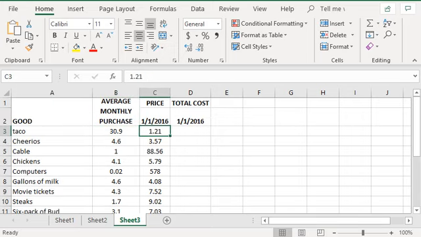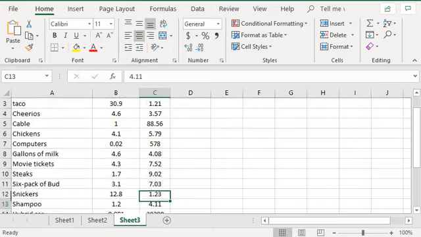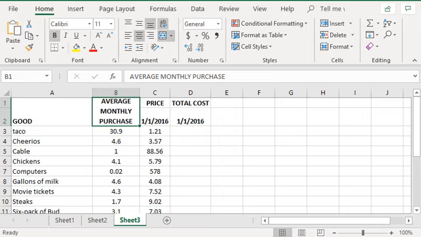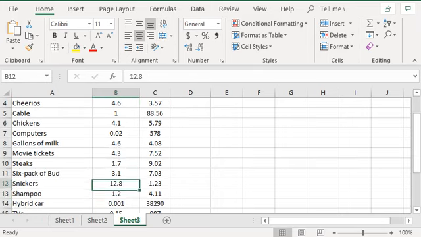So the price in this particular month, January 1st of 2016, the price of tacos for this economy averaged in all the major cities $1.21. Cheerios averaged $3.57 in these cities in that particular month. Cable was $88.56. Chickens were $5.79 on average, and etc. Now the average monthly purchase is frozen for a couple of years.